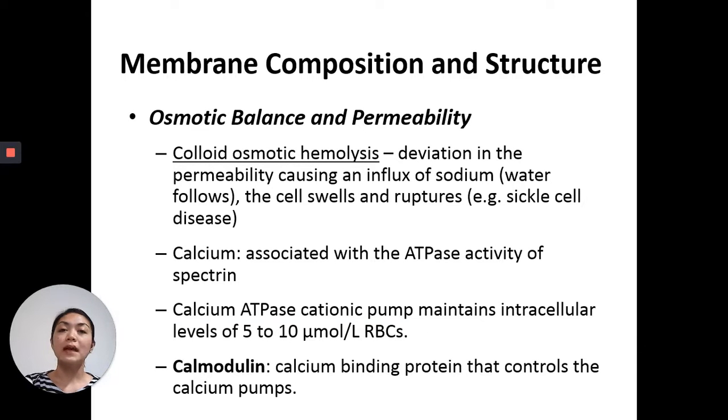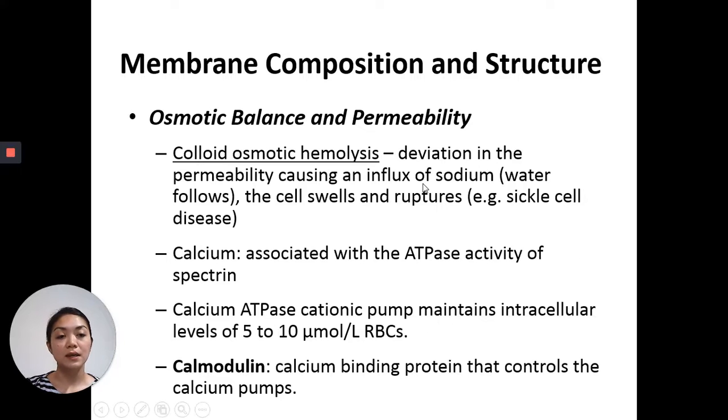What do you think will happen if the pumps are damaged or if there is a lack of energy so the pump cannot function? Of course, the pump fails, then sodium will enter the cell, and potassium will diffuse out of the cell. There is no pump maintaining them anymore.